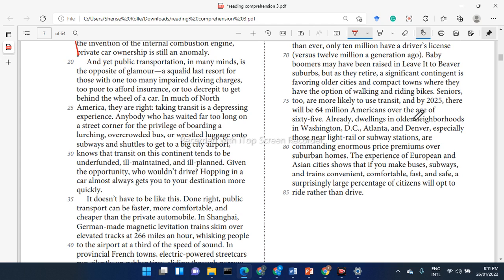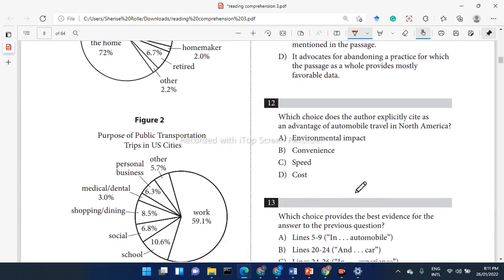Already, dwellings in older neighborhoods in Washington, D.C., Atlanta, and Denver, especially those near light rail or subway stations, are commanding enormous price premiums over suburban homes. The experience of European and Asian cities shows that if you make buses, subways, and trains convenient, affordable, comfortable, fast, and safe, a surprisingly large percentage of citizens will opt to ride rather than drive.